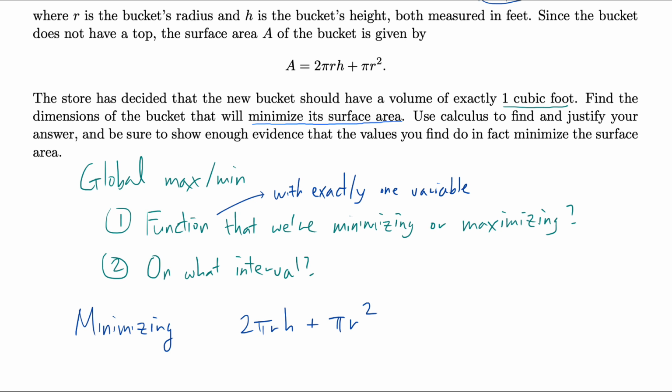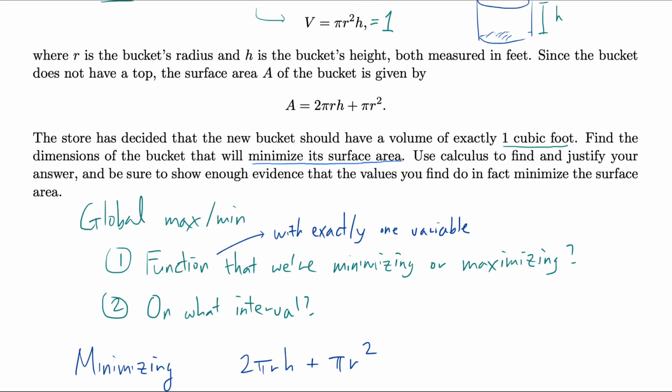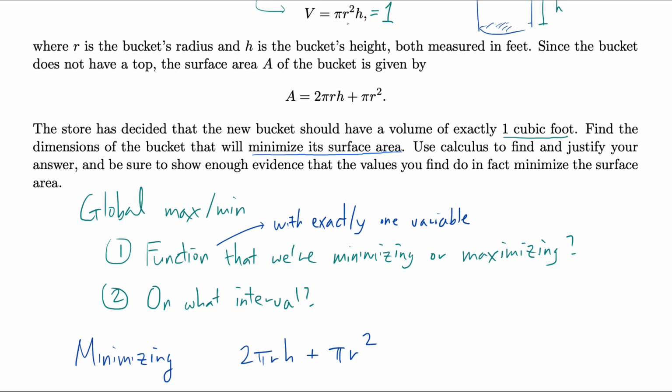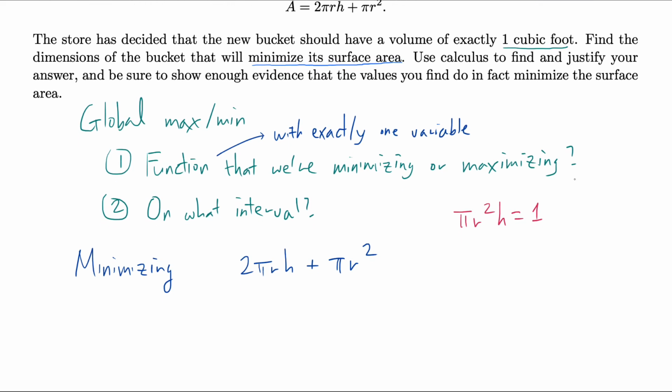So what we have to do is we first have to force this function to have exactly one variable. And how can we do that? Well, they gave us some information that the volume, this pi r squared h, is 1. So let me write that down. Pi r squared h is 1, and this is going to allow us to get rid of one of the variables. For example, I think the easiest way is we can solve for h here. We can get 1 over pi r squared. You can also solve for r, but then you have to take a square root and things are going to get messy. So I think it's easier to solve for h.